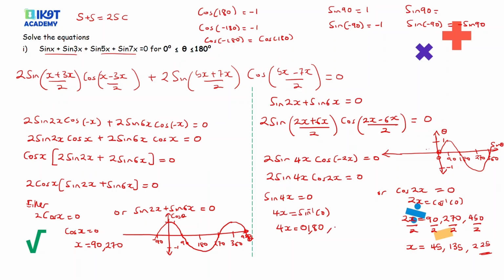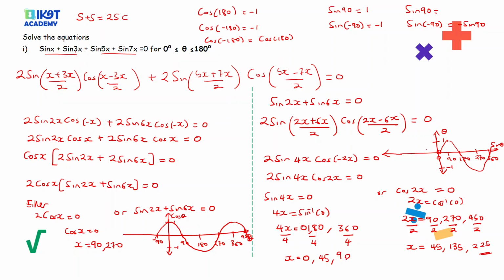then 360. So here we can divide through by 4. Each of these, divide by 4. So our value of x after dividing through is 0, comma, then 180 divided by 4, we get 45, then 360 divided by 4, we get 90.